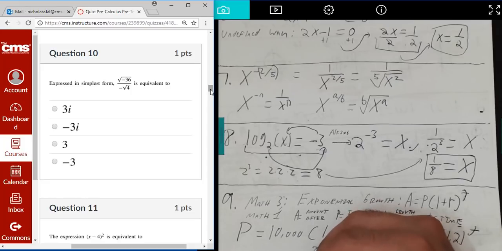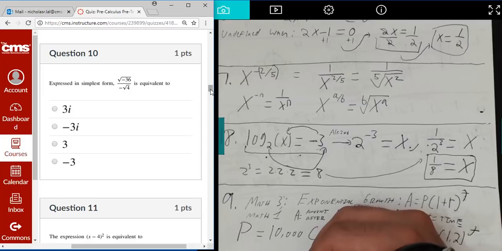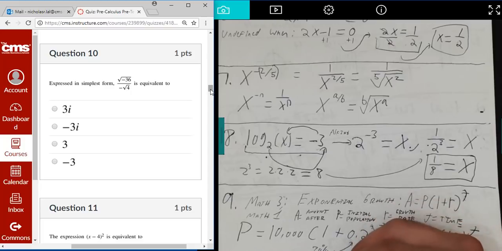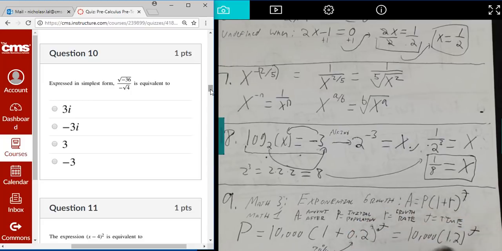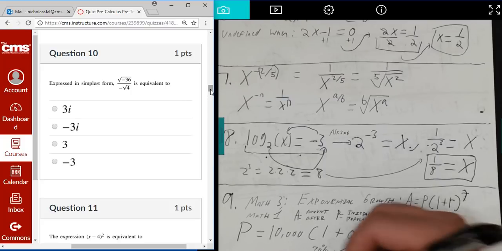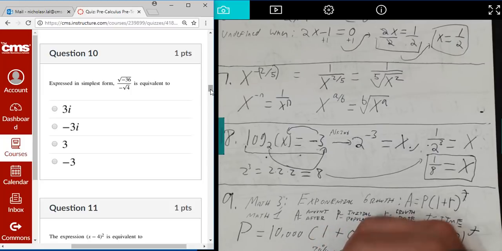We'll simplify each one. We're going to break this up into the square root of -1 times positive 36, and the square root of 4 is 2. So we're going to have -2 because the square root of 4 is equal to 2.